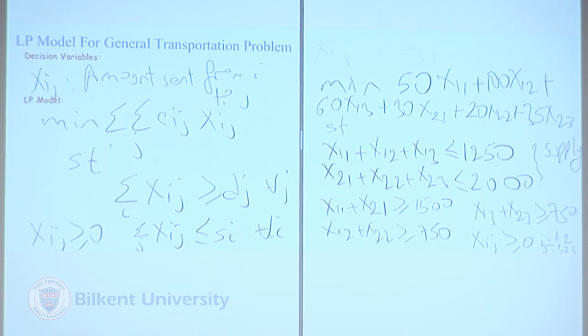Okay? So the one on the left is the general form for a transportation problem. We don't know the numbers, or we just name the numbers and put it like that. If we're lazy to do it like this, that is also fine. Any questions? Clear?